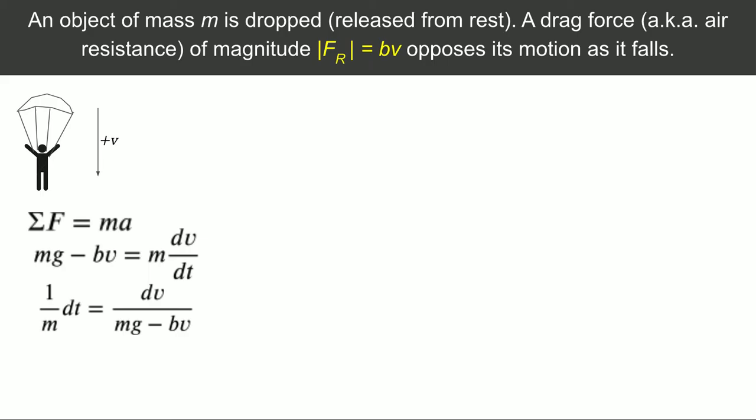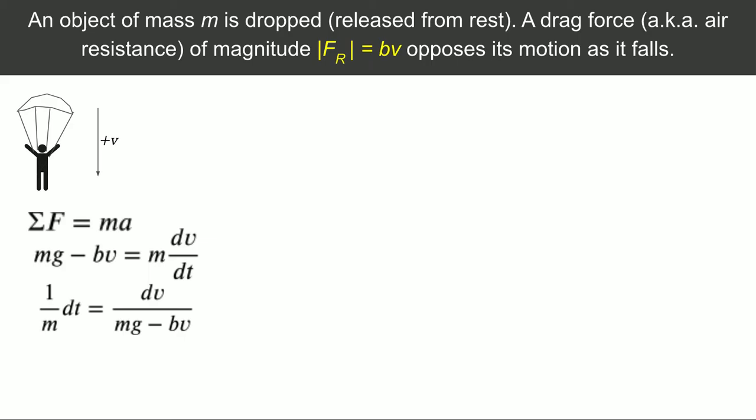And this mg is all filled with constants, so we don't need to worry about that. But this negative b in front of the v is a little bit of an issue. We have to have that as part of the derivative part on top in order for the integral to work. Again, when you're in calculus, you understand this a little bit better, but we're just going to have to follow a pattern for right now.